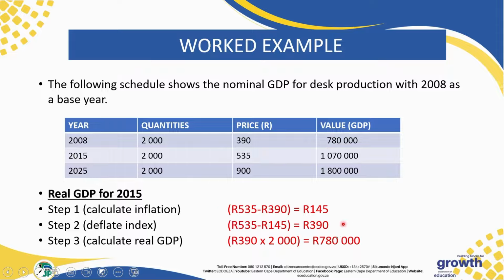It's because we deflated the index here. So if you pay attention, this amount of money equals the amount of money of 2008 because the quantities did not increase. So this is why we need to do more of the real GDP to actually tell us whether we produced more goods and services or we produced lesser goods and services.